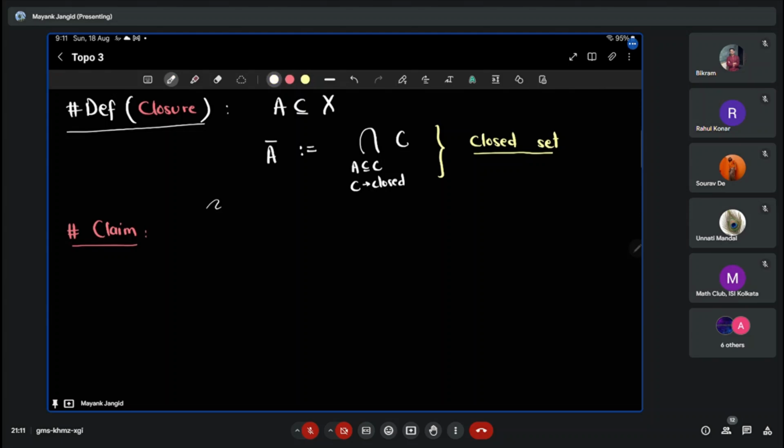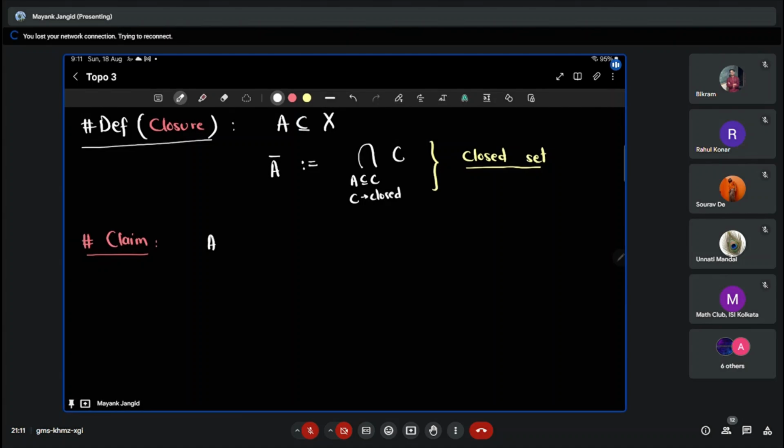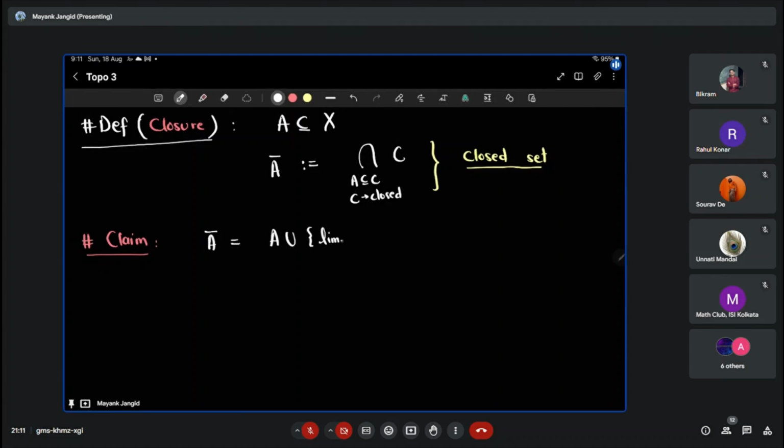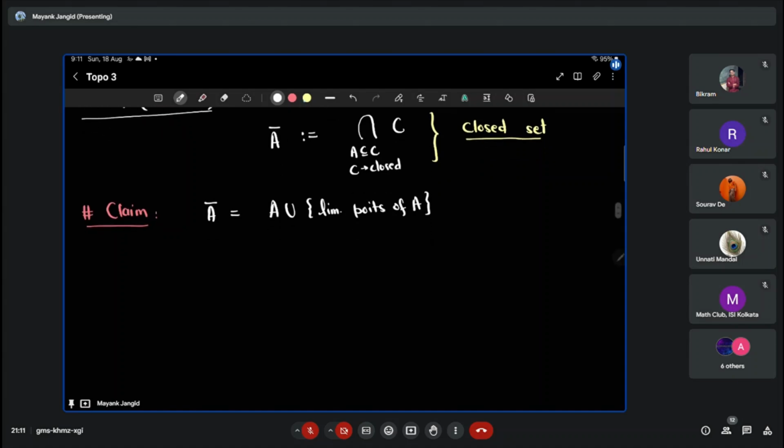The claim is that the closure of A is A union the limit points of A. And the proof is not difficult. I will just give a sketch of the proof, and I want you all to complete the proof.